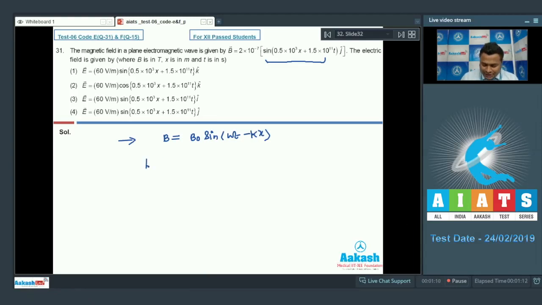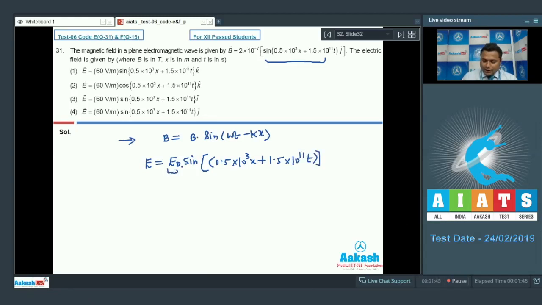The equation for electric field E may be given by E naught sine of (0.5 into 10 cube x plus 1.5 into 10 to the power 11 t).